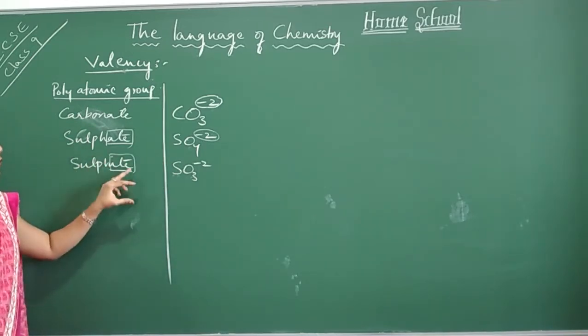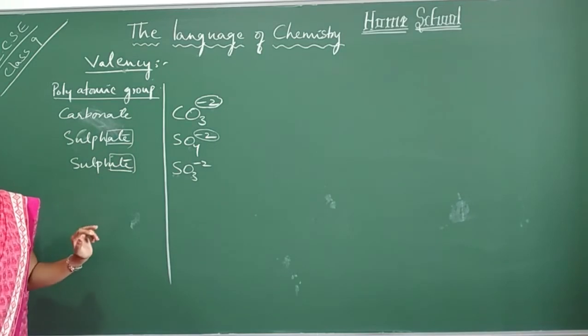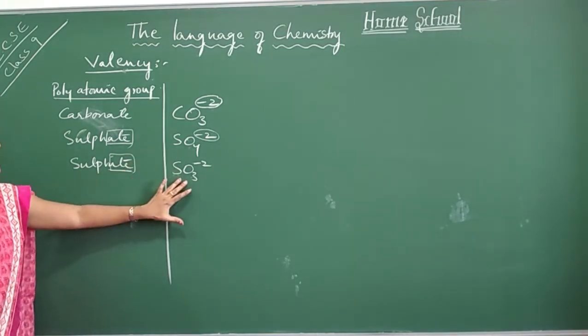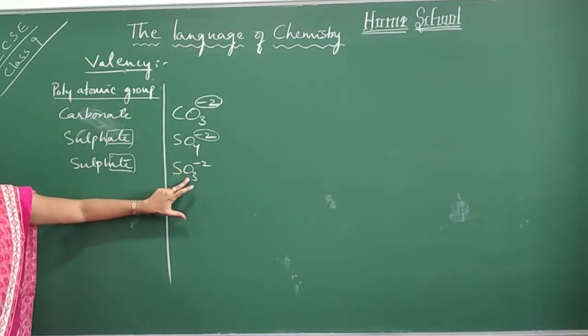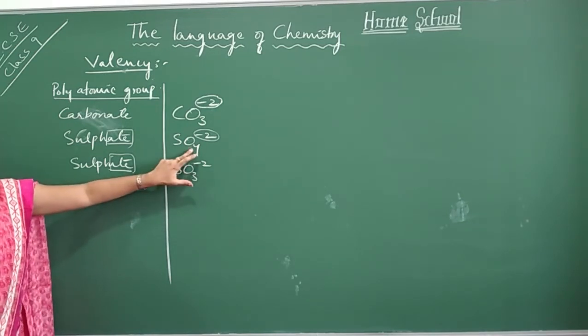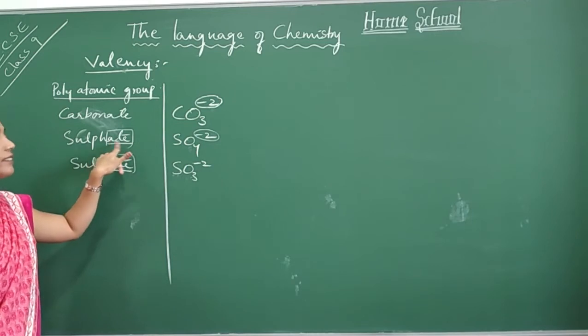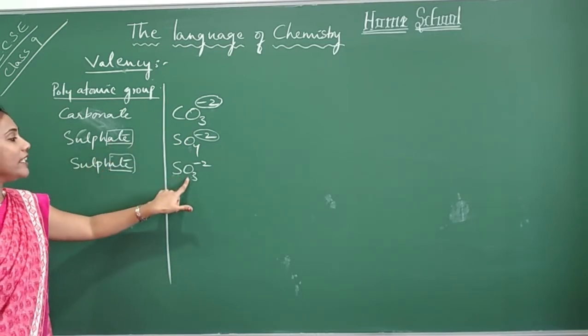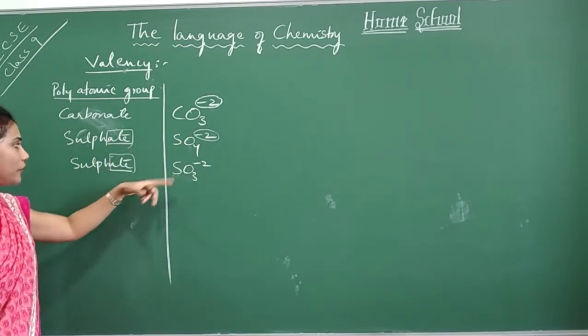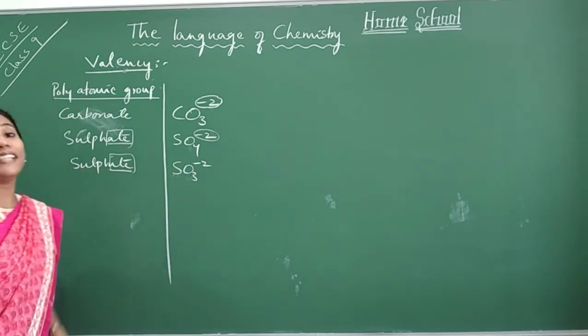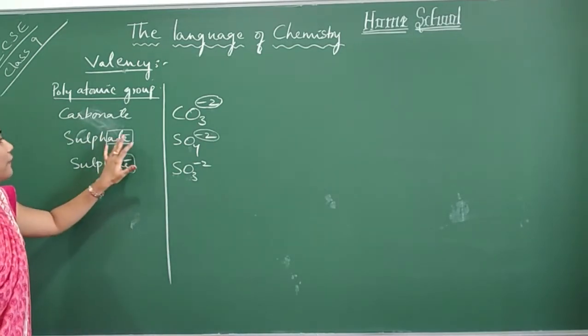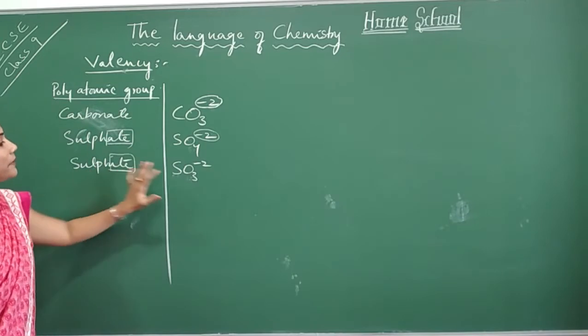Knowing the names is also very important. For the same type of groups, if the oxygen numbers are different, the one which has more oxygen atoms has a name ending with ATE, and the one which has fewer oxygen atoms has a name ending with ITE. Here sulfate means SO4, sulfite means SO3.